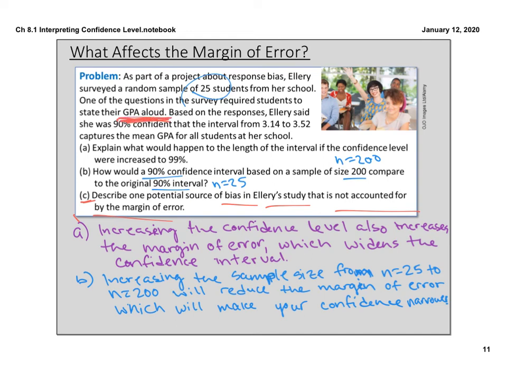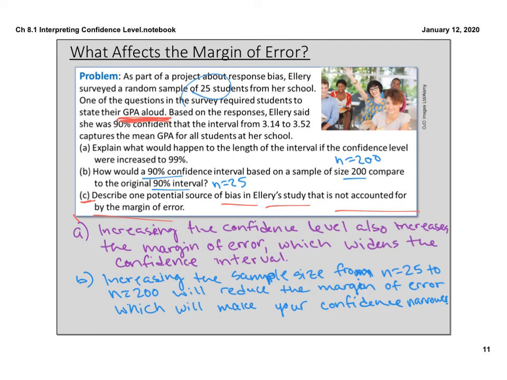Now, I don't know about you, but anytime someone's asking me to state something as sensitive as my GPA out loud, somebody who's not entirely proud of their GPA may not actually give the honest truth. If we are asking them to respond out loud, it's going to be tempting for people to not be truthful.